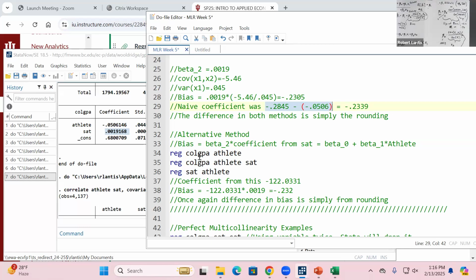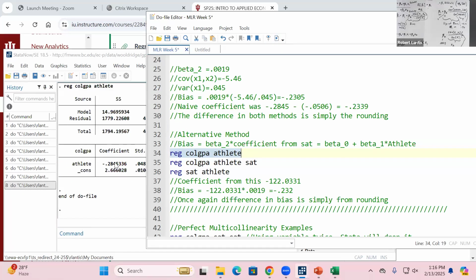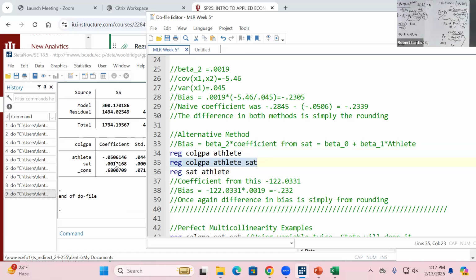So if we go back here, I'm going to run this regression where I'm looking at college GPA and student athlete. This was my naive regression. I know that estimate's too high. If I run the regression where I include SAT, we said we can figure out what the effect of SAT score should have been on my college GPA, or what beta 2 was.